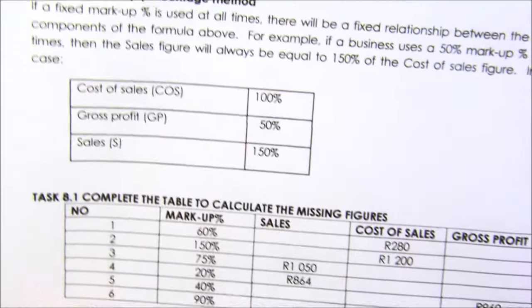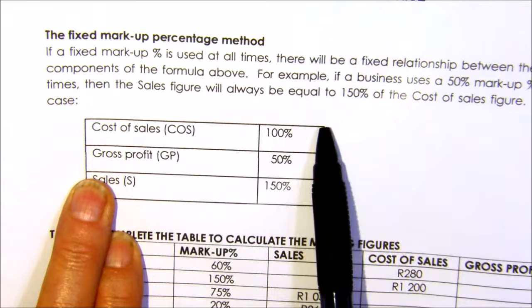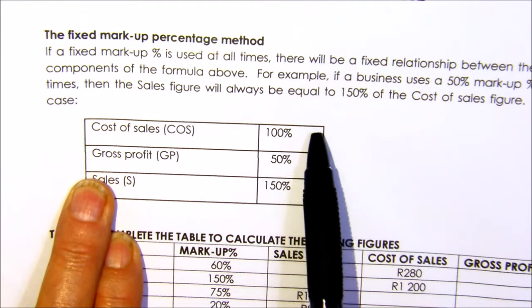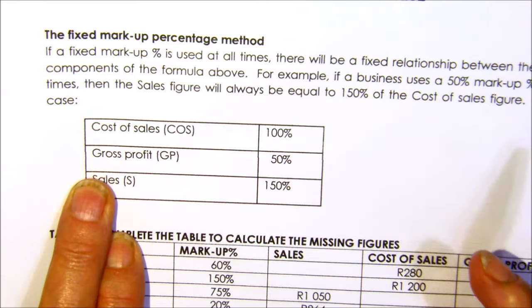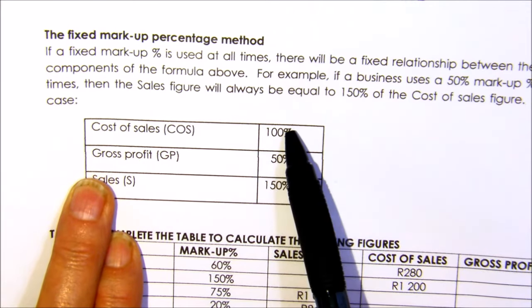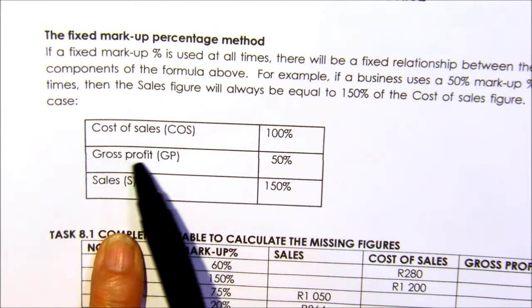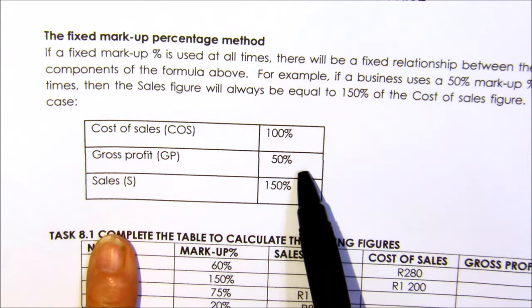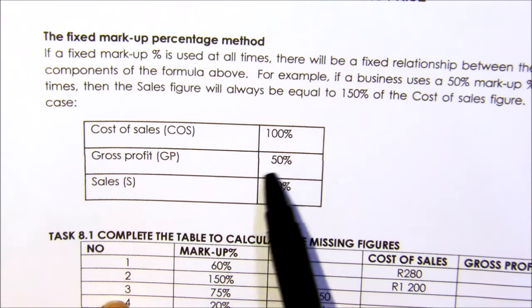The principle on which we work is that the cost price, the cost of sales, is always 100%. Can't start at naught, because naught is nothing. So we've got to start somewhere. So we work with 100%. If we take an example that my profit is 50%, then it means I'm going to sell the goods for 150%.